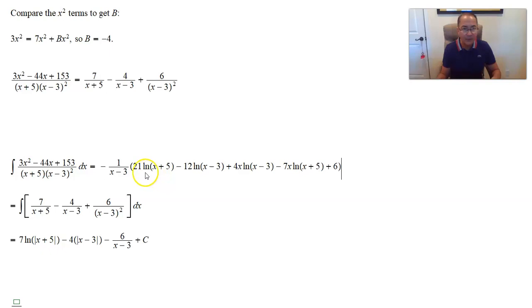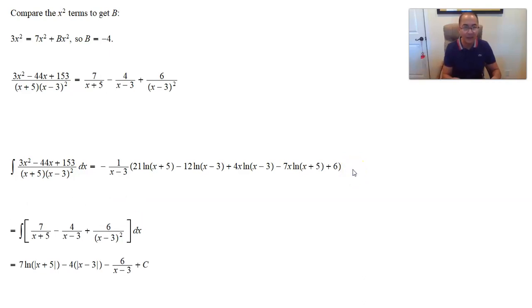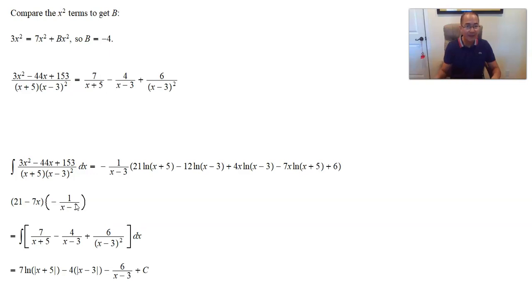We have 21 minus 7x ln of x plus 5. In what universe does that make sense? Well, it's because we can put that together. We have 21 minus 7x, but we are multiplying everything by negative 1 over x minus 3.